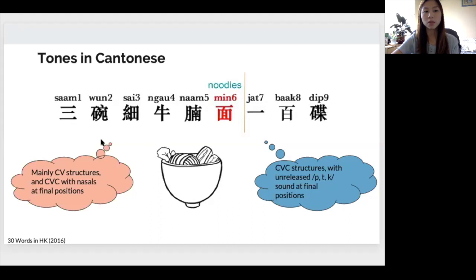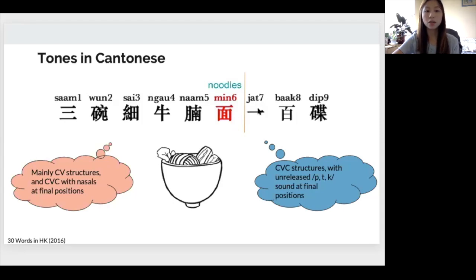For example, the first tone in here is sam, and the 7th tone in here is yat, which is actually the same tone, but because the 7th tone, yat, has a CVC syllable structure with the t sound at the final position, it is named the 7th tone.